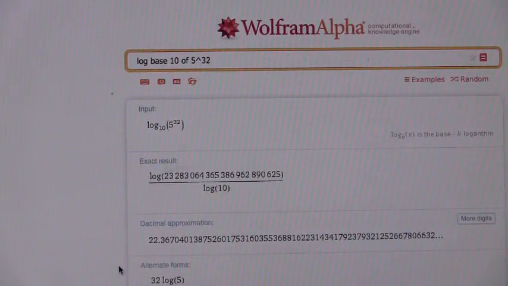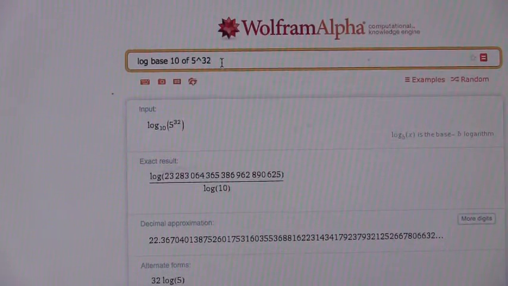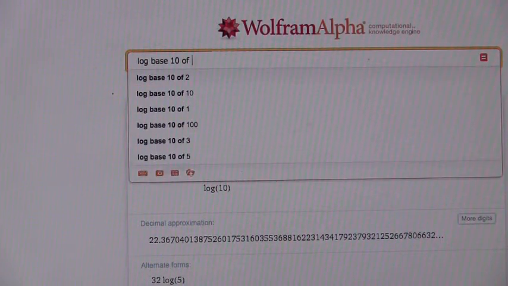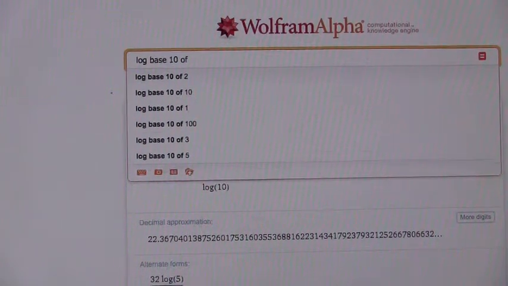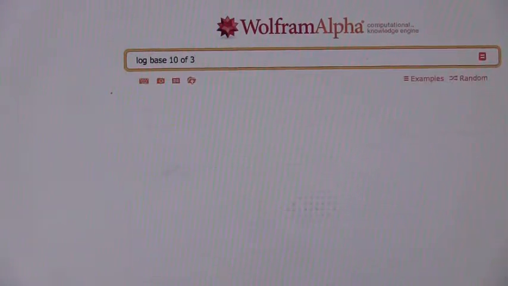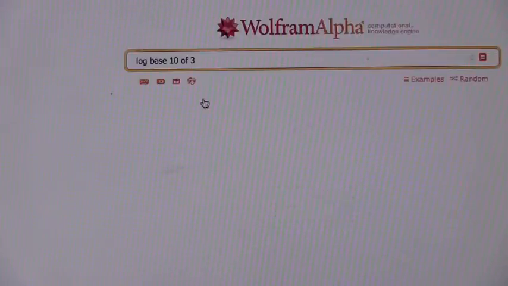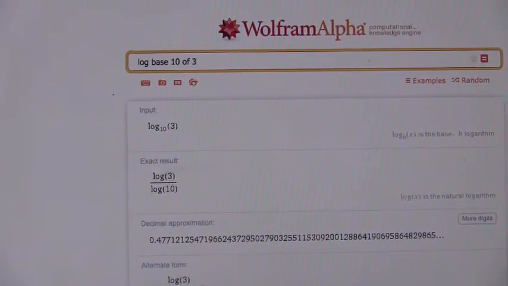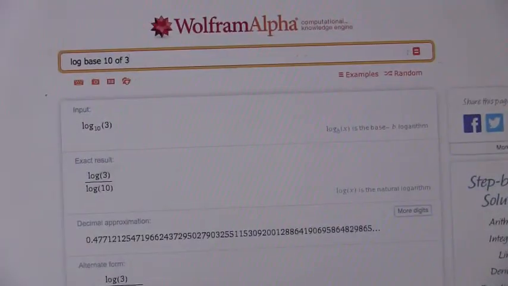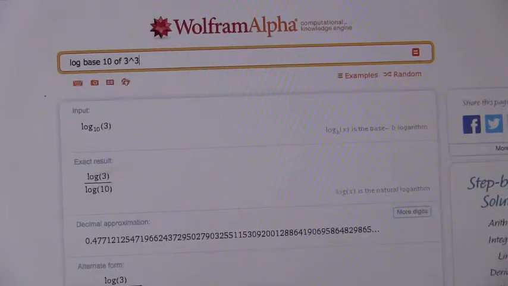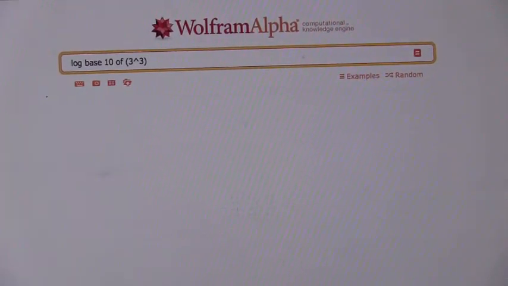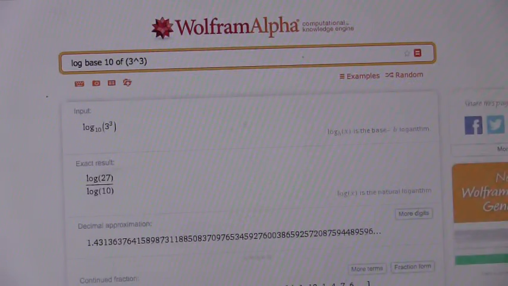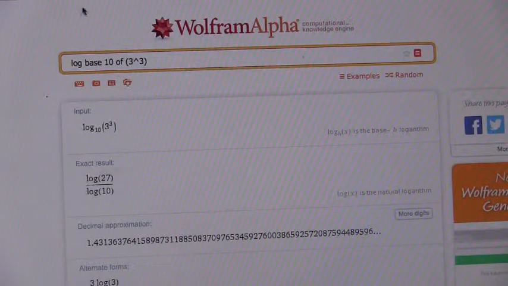How about if we start looking at how you get up to Graham's number? Maybe let's do powers of 3. Log base 10 of 3 is 1 digit, right? Then 3 to the 3. It's 1.43.